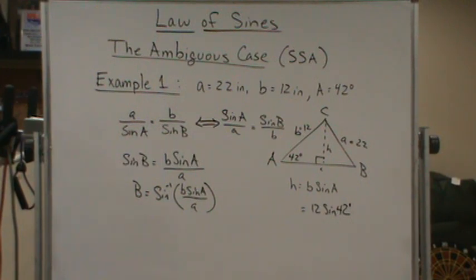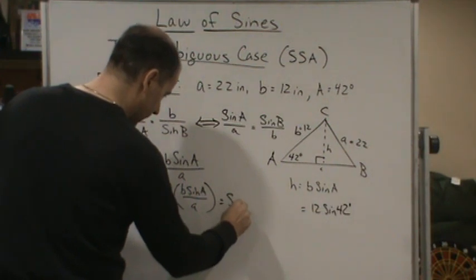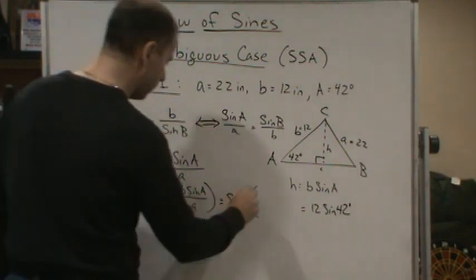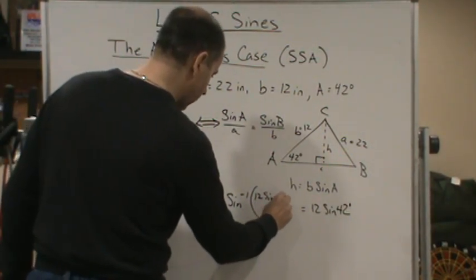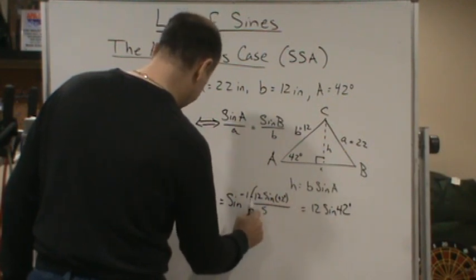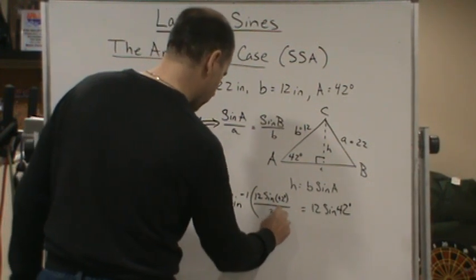Okay, so now if I plug everything in, this is going to be sine inverse of b, which is 12, times sine of 42 degrees, divided by a, which is 22.